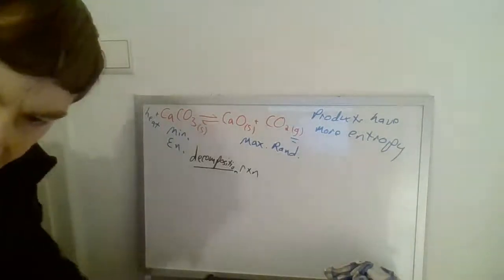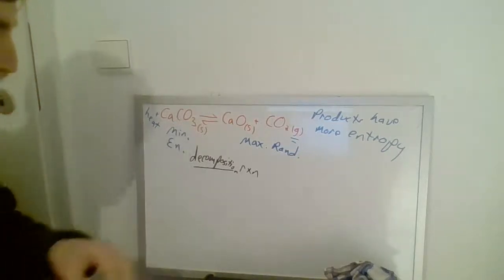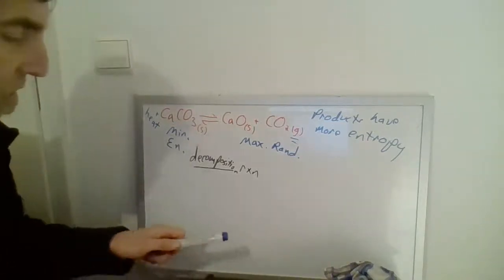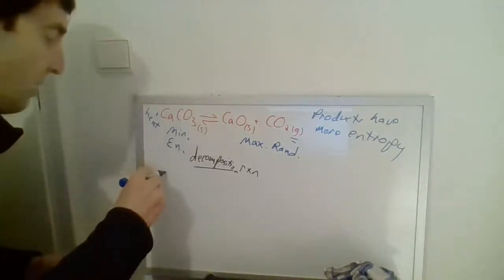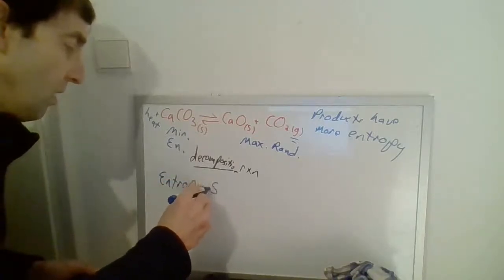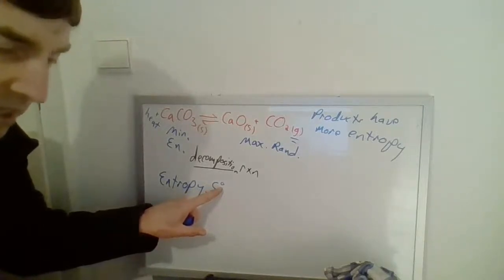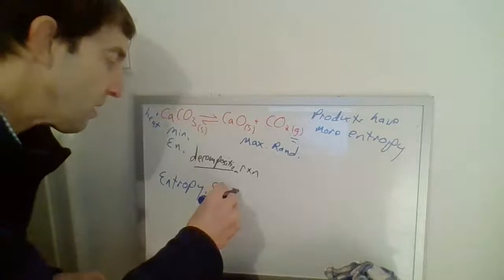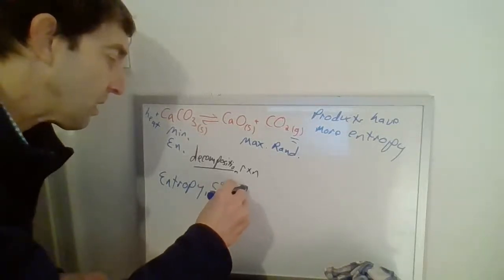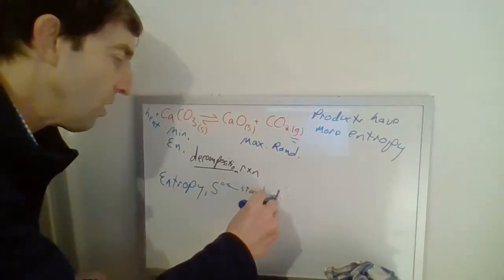Good. Let's see if she gives you some letters here. If she does, I'll do it, or I'll wait till we get to chapter 3. But yes, she does. That's cool. Okay, so it turns out entropy, S with the little zero, and the little zero, remember, means standard temperature, or we can say standard condition.